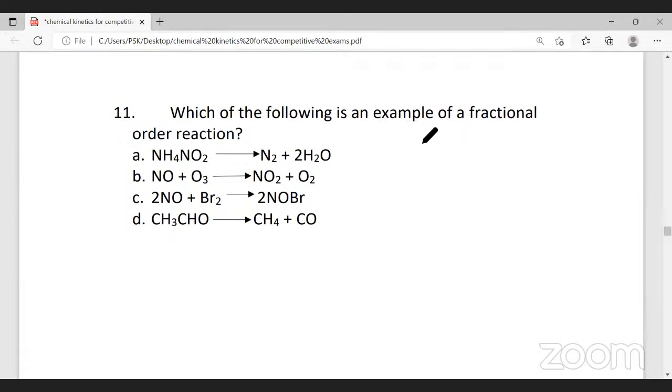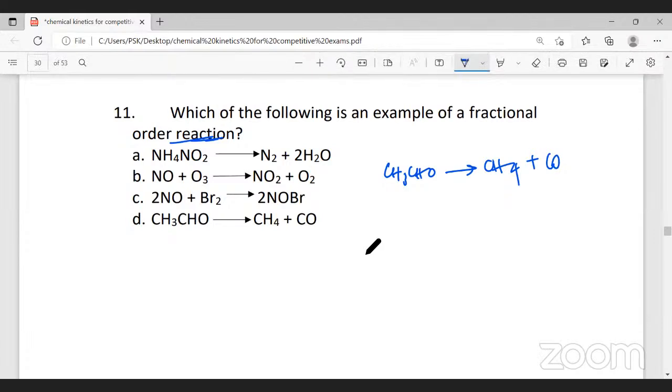Which of the following is an example of a fractional order reaction? Order can be a fraction also, and we said that order is determined experimentally. Acetaldehyde decomposes to give methane and carbon monoxide. When you determine the rate experimentally, rate is equal to K into concentration of acetaldehyde to the power 3 by 2.